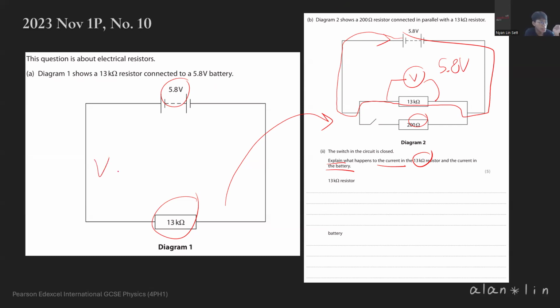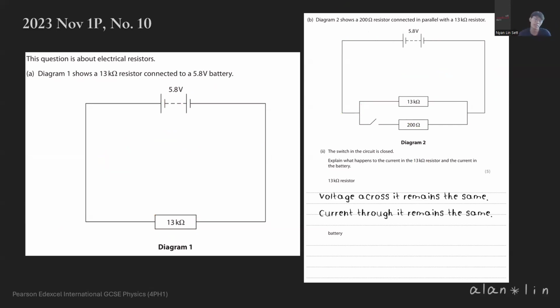And so if we take a look at our equation V is equal to IR, the resistance, 13 kilo ohms, and voltage are still the same, and therefore the current should also be the same. So that right there is our answer for the 13 kilo ohm resistor, and it's going to score 2 marks.